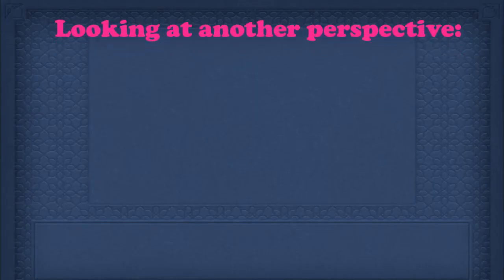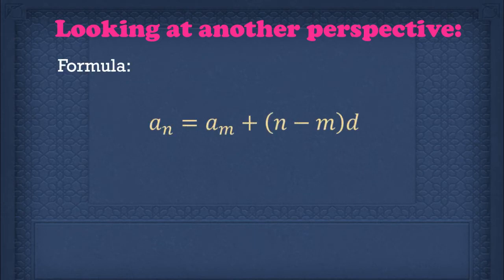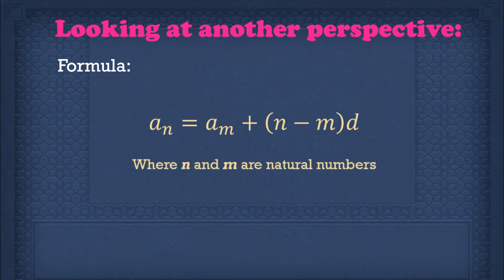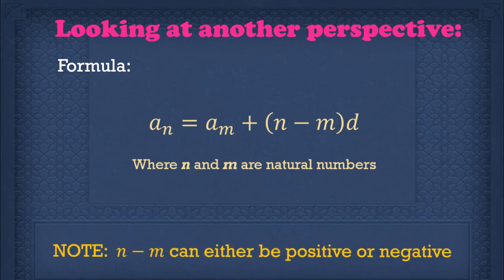So looking at another perspective, we can use this formula. A sub n equals a sub m plus the quantity n minus m d, where n and m here are natural numbers. Now take note that n minus m can either be positive or negative.